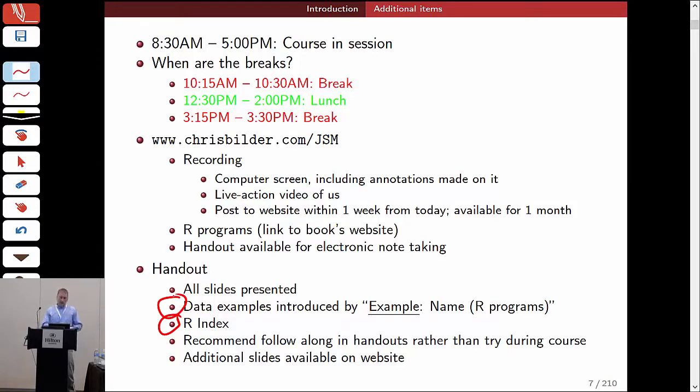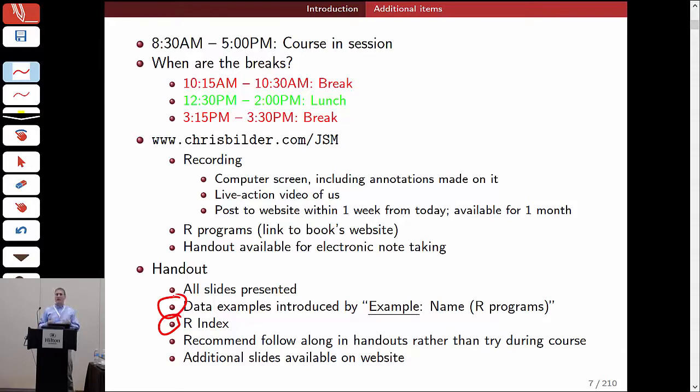Now, there will be, as I said, a lot of R examples that we talk about here today. I recommend that you don't actually try to execute the R examples yourself while we're going through this course. We don't see this as a workshop.